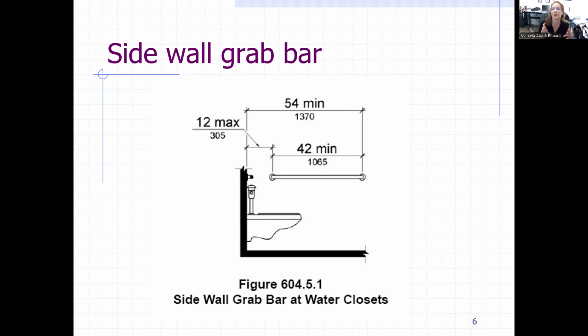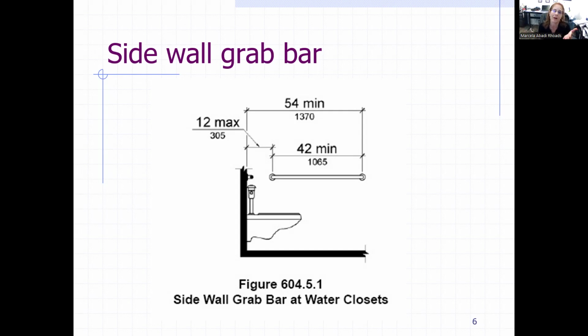If somebody misunderstands that maximum of 12 inches and doesn't see the 54-inch minimum required, they're going to think, okay, since it's a maximum of 12 inches, it can be closer to the wall, without really understanding that altogether it needs to be 54 minimum.